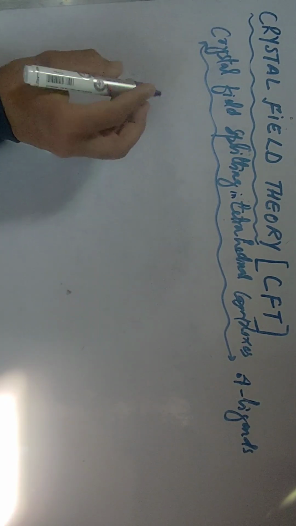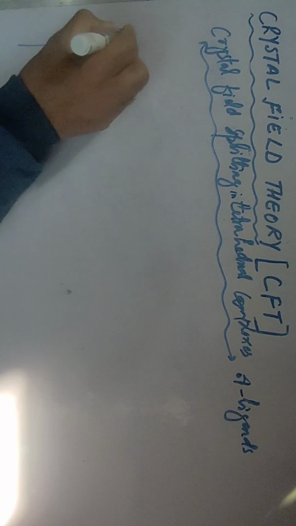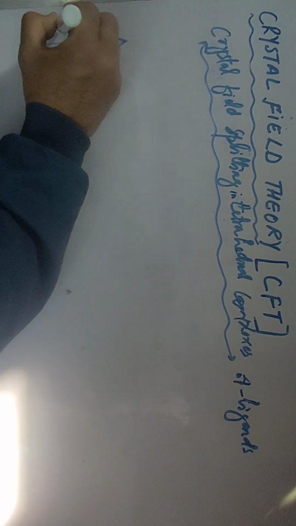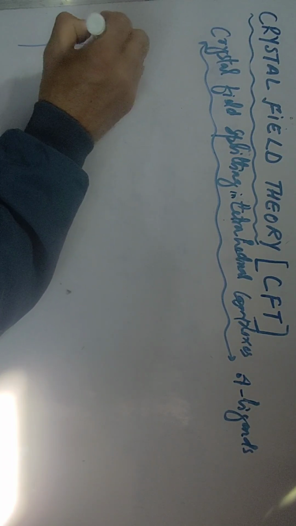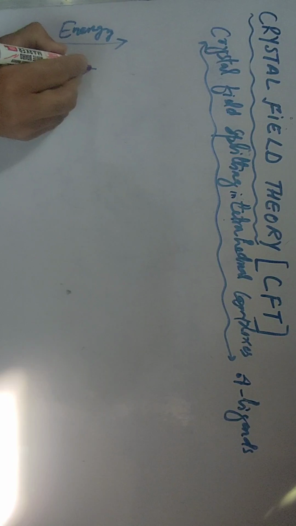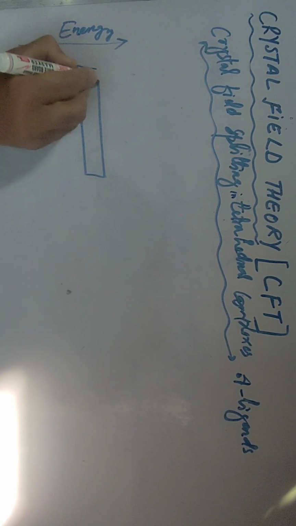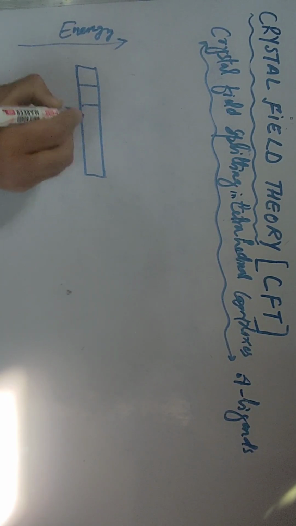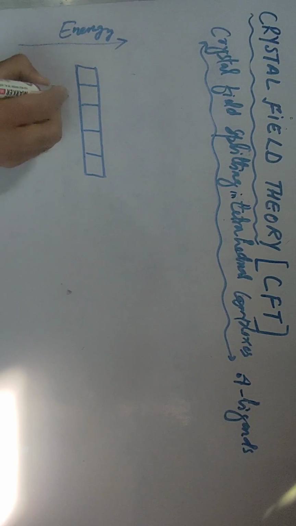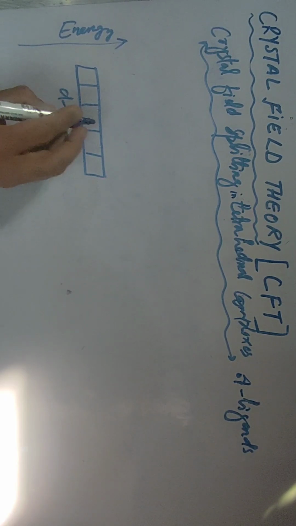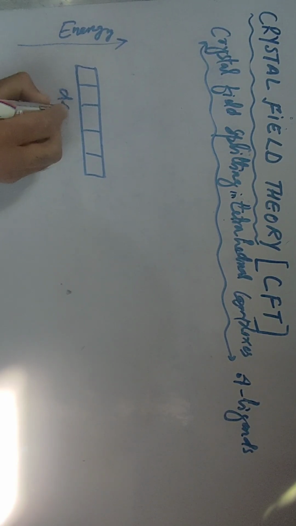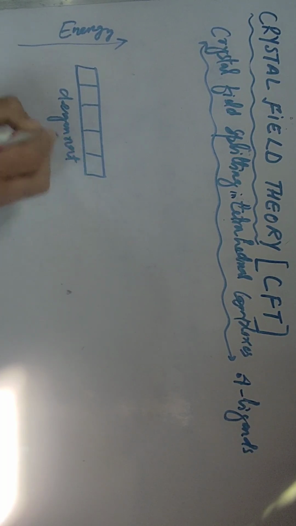So if we consider this again for tetrahedral complexes, for the energy order, we have 5 degenerate d orbitals.